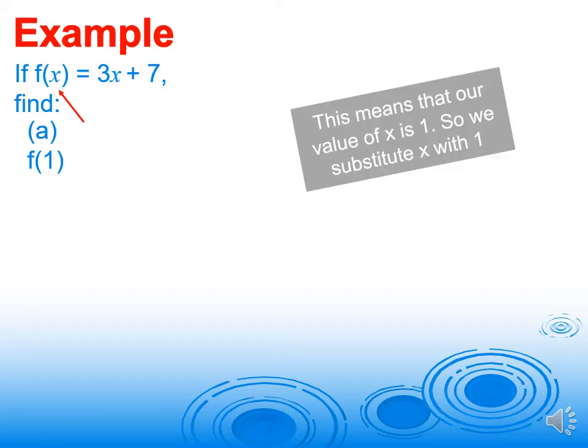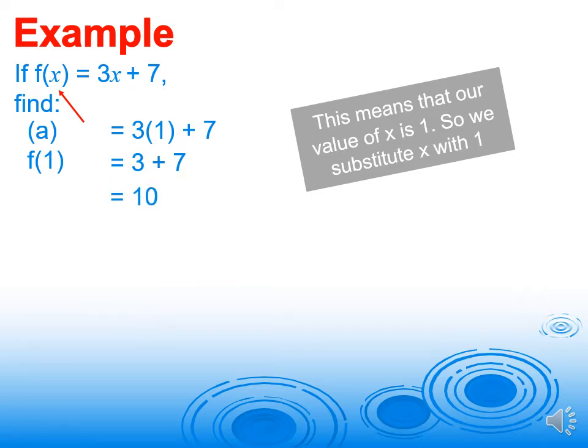So if f of x equals 3x plus 7, and we get asked to find f of 1, what we're going to do is take that 1 and replace the x in our example. So f of 1 becomes 3 times 1 plus 7, or 3 plus 7, which is 10.